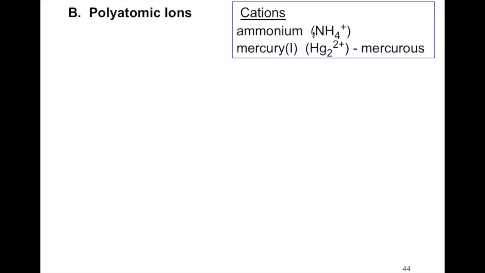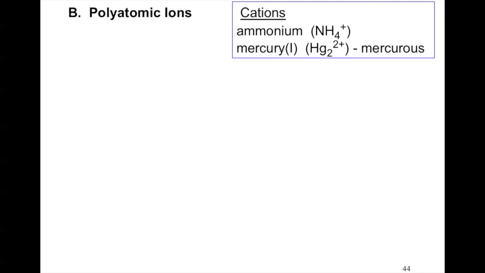The first one's ammonium. It consists of 5 atoms, 1 nitrogen and 4 hydrogens, bonded together to form a molecule. The overall charge of the molecule is +1, so we write it as NH4 with a superscript plus. This other one's interesting. It consists of 2 mercury atoms bonded together to form a molecule, and the overall charge of the molecule is 2+.